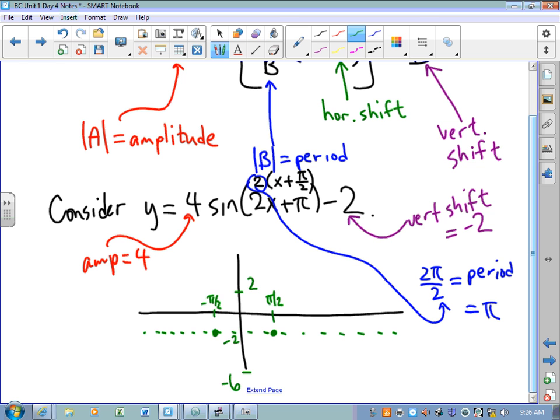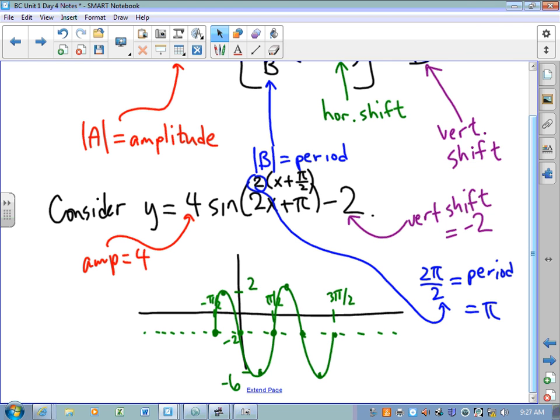The cycle hits 0 in the middle, and then it maxes out and mins out, and we get that picture. But we get that picture every pi. So if I go ahead to 3 pi over 2, I know that I'm 0 in the middle, 0 at the end, max out, min out. And so I can just continue to do that forever and ever.